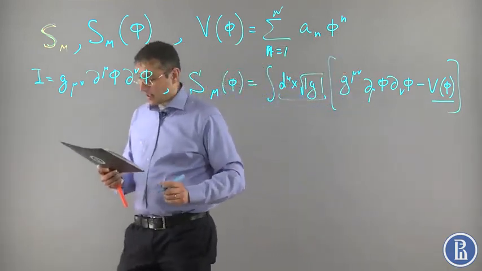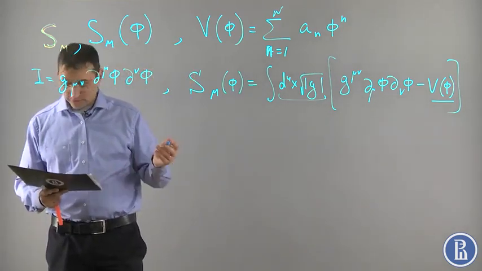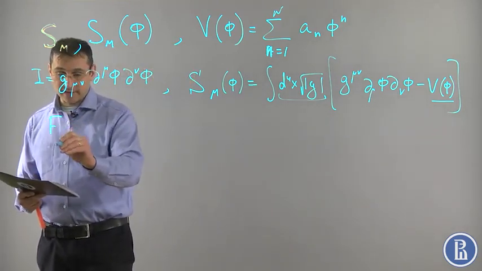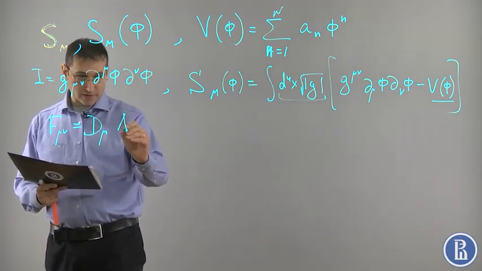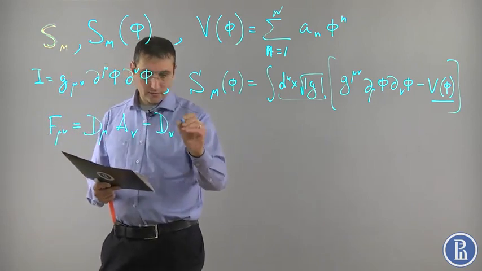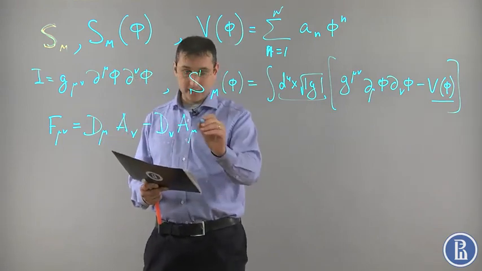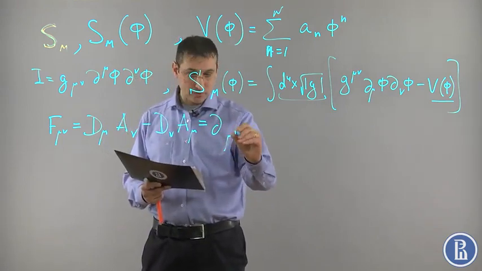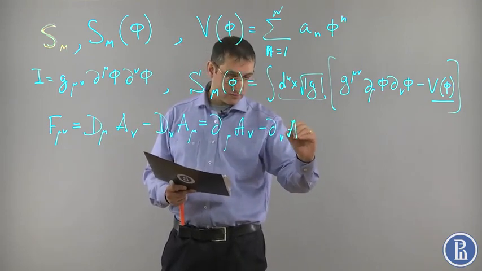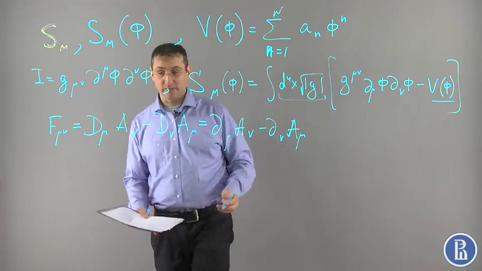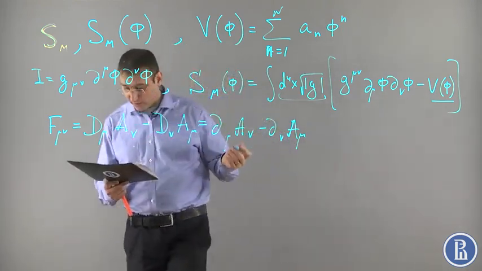So another type of matter action can be written for the electromagnetic fields. The electromagnetic tensor in curved space or in curvilinear coordinates is by definition this quantity. But after using the definition of the covariant derivative, one can easily show that this is nothing but d mu a nu minus d nu a mu. So the electromagnetic tensor practically doesn't change in curved space-time or in curvilinear coordinates.